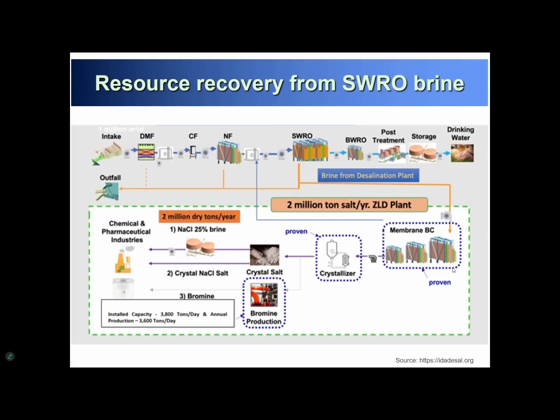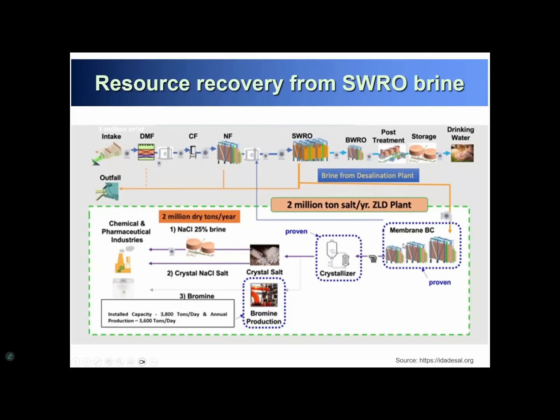Nowadays, the maximum is 200 gram per liter. It's also possible using a membrane brine concentrator, using closed circuit reverse osmosis technology, or ultra high pressure reverse osmosis membrane.